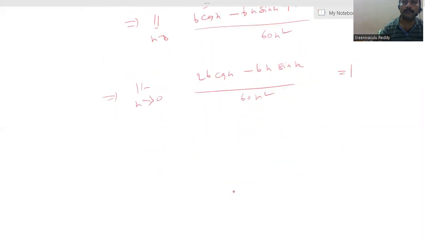Now substitute the limit value. 2b cos 0 minus b into 0 into sin 0 by 60 0 square equal to 1. What happened here? 2b, here 0.